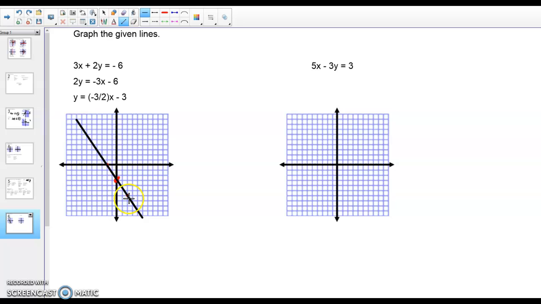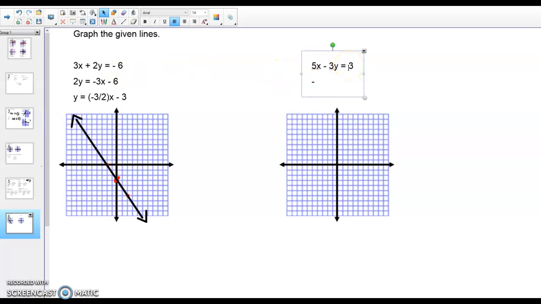Every point on this line should make my statement true. So if I were to pick one, let's pick negative 2, 0. 3 times negative 2 is negative 6, plus 2 times 0 is 0. Negative 6 and 0 is negative 6.